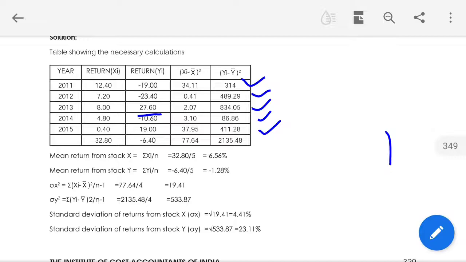To get standard deviation, we need to apply square root to these values. Square root of 19.41 is 4.41. When it comes to y, square root of 533.87. The answer is 4.41 for x standard deviation. When it comes to y, standard deviation is 23.11.